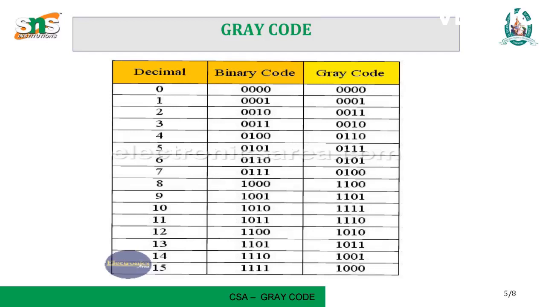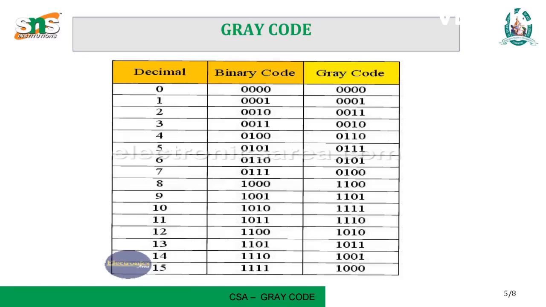We write the first digit 0 as 0, then 0 plus 0 gives 0, 0 plus 1, the third digit, gives 1, and then 1 plus 0 gives 1. So the binary code of decimal number 2 is 0010 and the gray code will be 0011. So we have to add the adjacent digits, eliminate the carry, and write the whole number as it is, so that becomes the gray code.